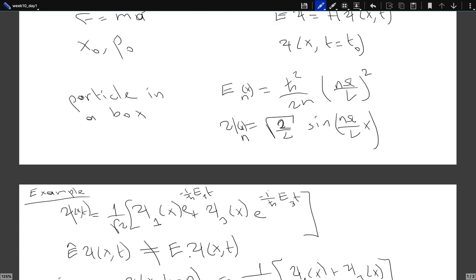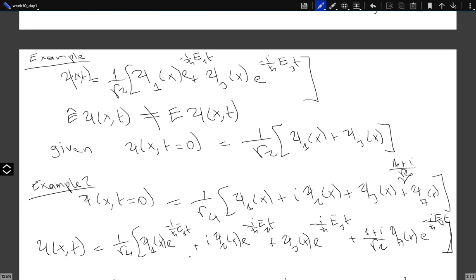I can create some other system, exactly the same system but with different initial conditions. By changing my initial conditions, I'm creating another particle in the same box. This particle can have the energy E7, but it cannot have the energy E5. It will only have E1, E2, E3, or E7.